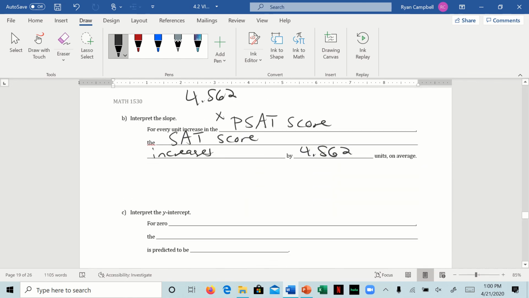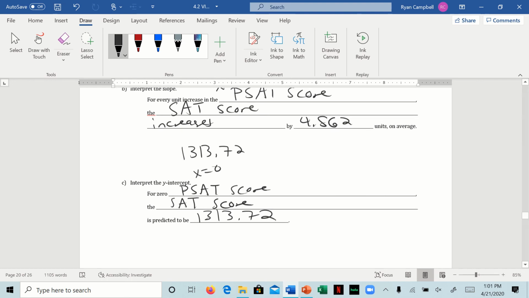The y-intercept we said was 1313.72. So remember, y-intercept is when x is 0. So for a 0 PSAT score, the SAT score is predicted to be about 1313.72.